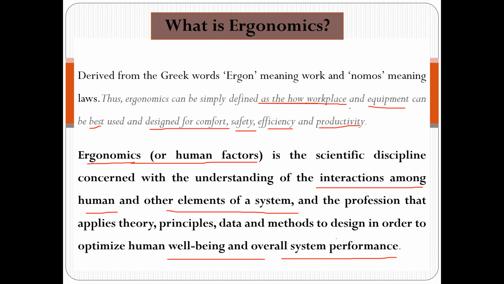So that means we have to study how a human being or worker interacts with the workplace and the equipment in a comfortable and safe environment, with efficient methods of working, so that productivity and overall system performance are increased.